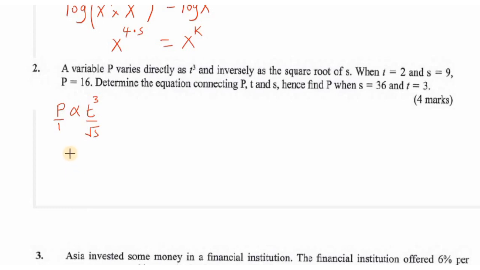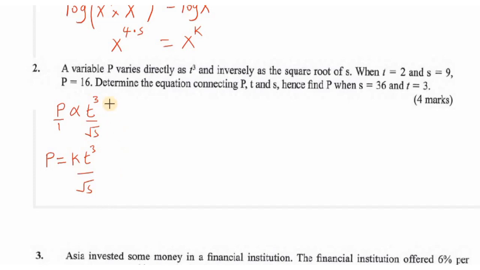So from this point, we are going to replace this symbol with equal sign. So we say p is equal to, but when we introduce the equal sign, together with it, we also introduce a constant, say k. So k t cubed all over the square root of s.